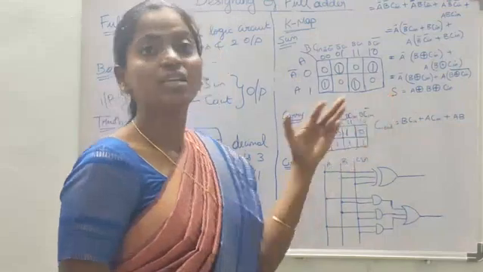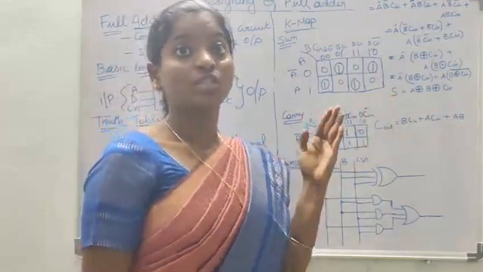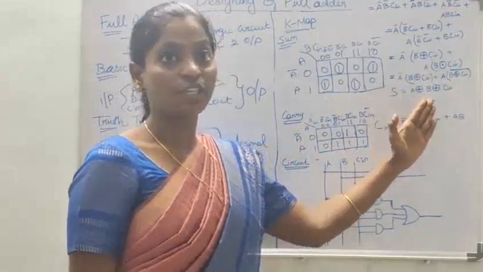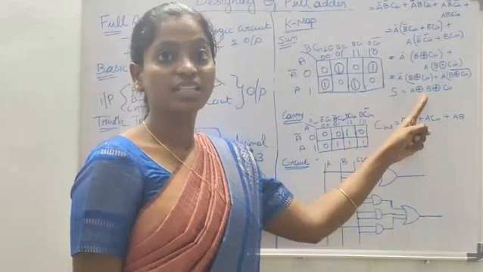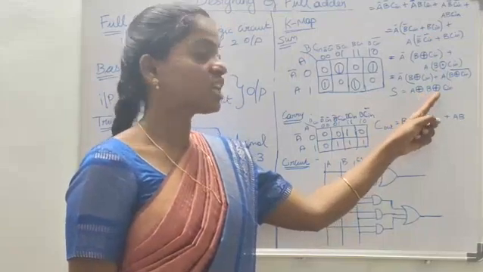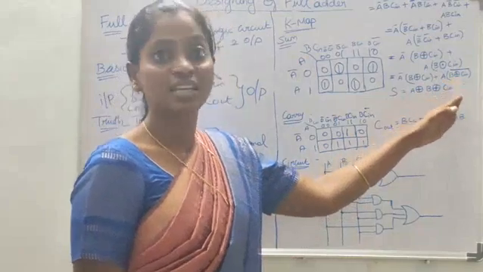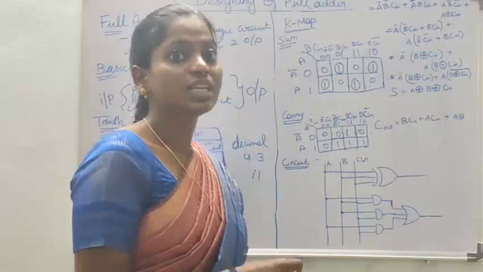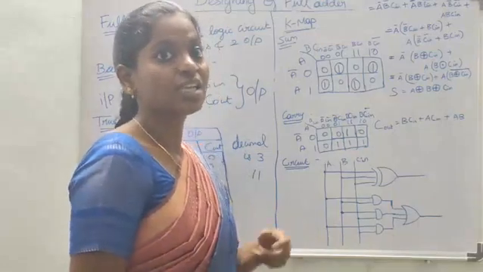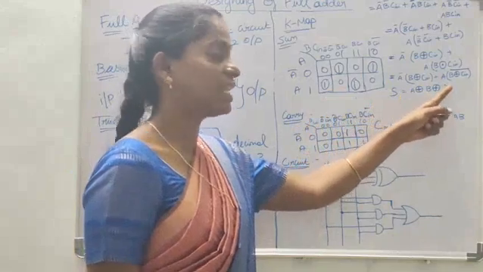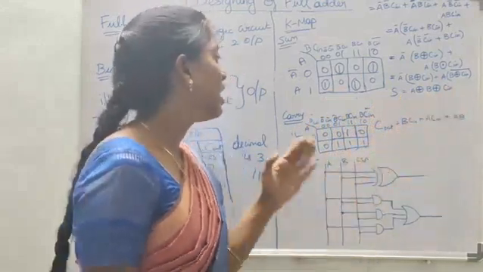Then finally, the sum can be obtained by applying the XOR operation: A XOR B XOR C in. C in is nothing but carry input. The sum output is written as sum is equal to A XOR B XOR carry input.